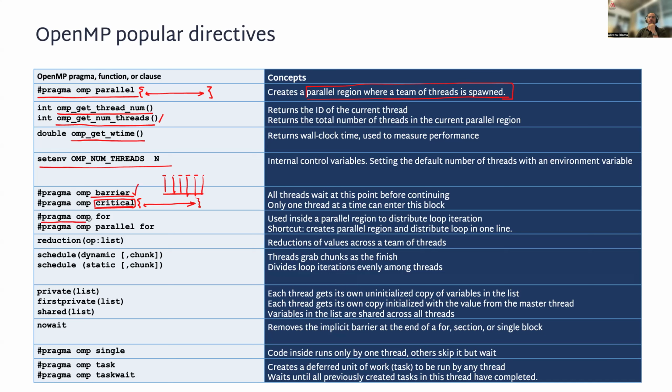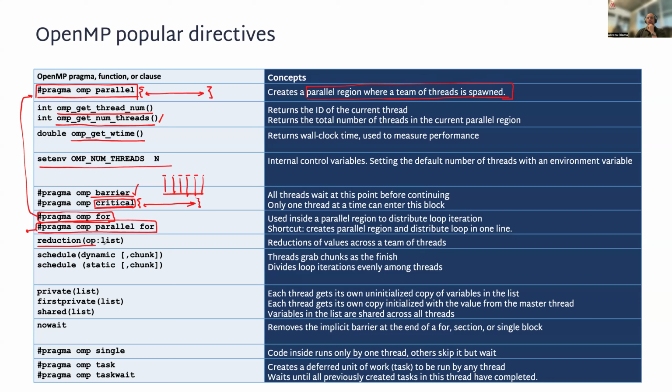The pragma omp for is a compiler directive in OpenMP that tells the compiler we want to parallelize a for loop. This version is a shorthand version, because if you want to use this, you must have the parallel directive before it. But here is a shortcut, the second one.